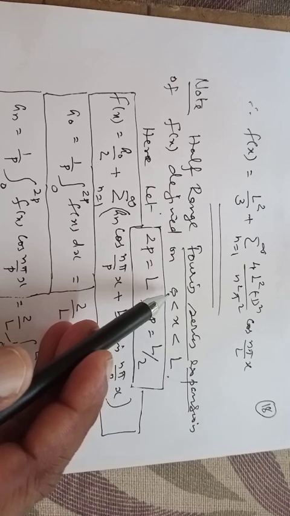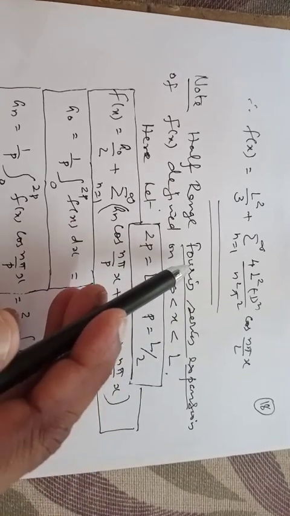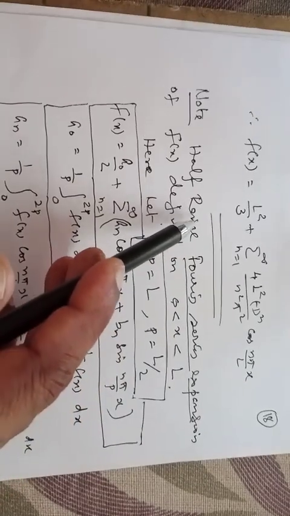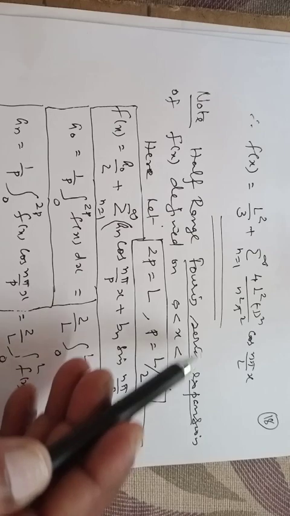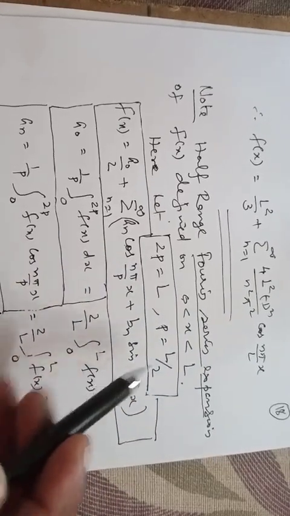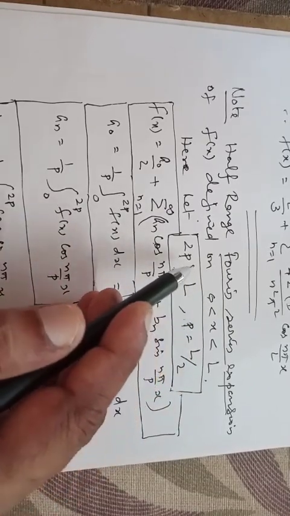In the earlier discussion, 0 to p was half range, but we were specifically asked to find a cosine or sine series, but here we are asked to find a Fourier series. Therefore that series includes both cos and sine. Therefore the formula is different, so here we have an adjustment.